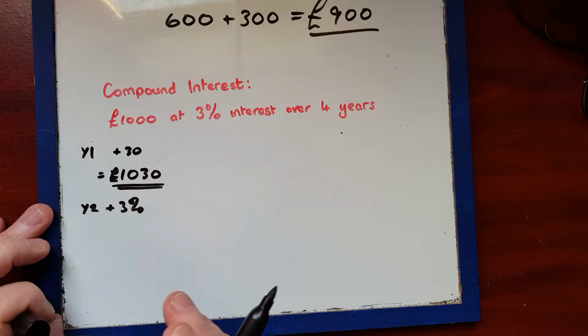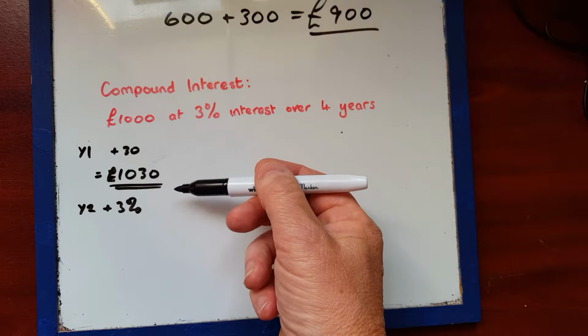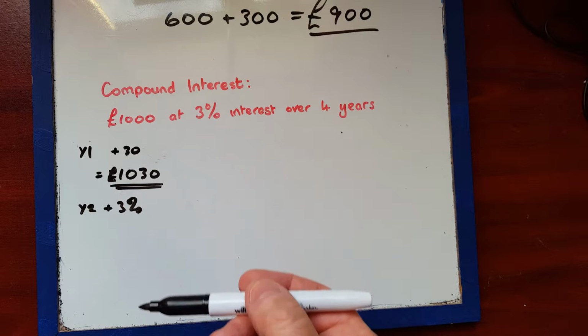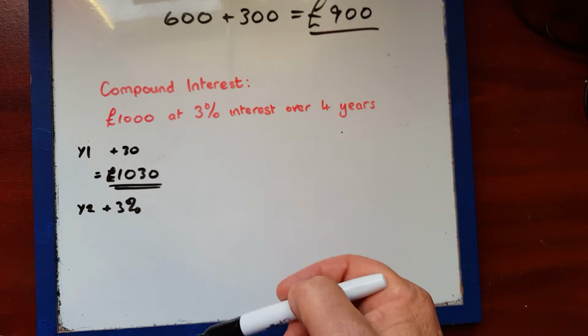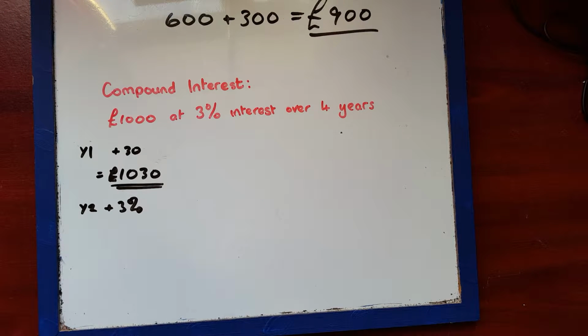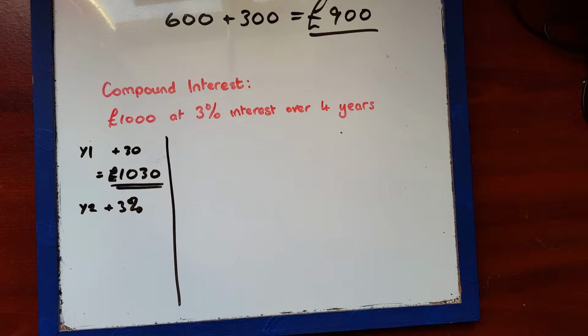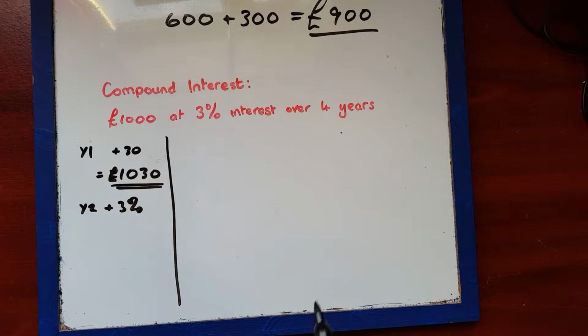And it's called compound interest because it's compounding itself. Every year you get a new total, and you always find 3%, but you're finding 3% of a different number every time. That's going to be complicated to do in writing like this, so we need to find an easier way to do it. And of course there is an easier way to do it, because in maths we always look for shortcuts.